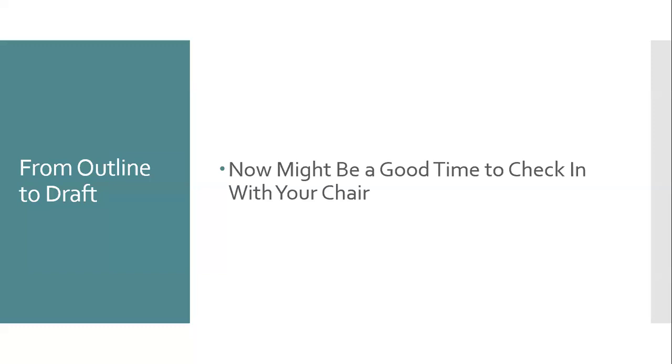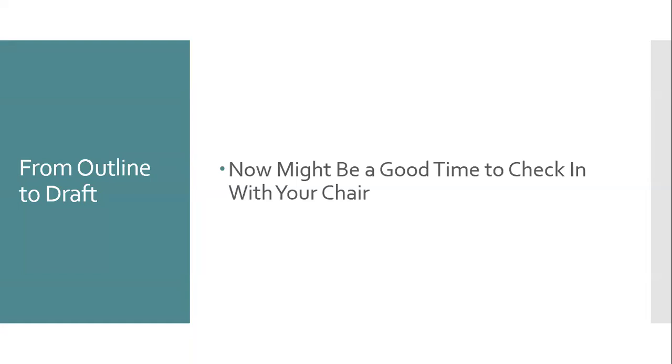I know some chairs like weekly check-ins. It's easy to turn the template into an outline for a given chapter that you're working on in a week, send it to your chair, and get feedback while you work on the next chapter's outline.